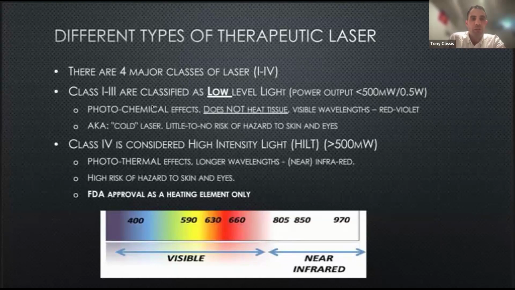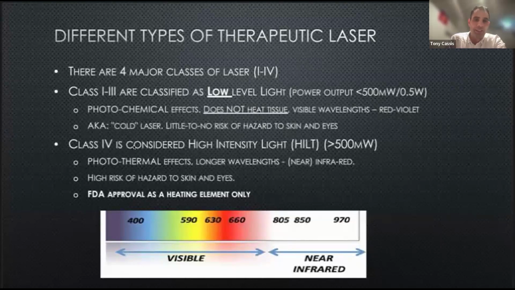A really important concept, photochemical effects, in that they do not produce a heating response within the body. They operate almost exclusively in the visible wavelengths from red to violet. As I said, you might hear the word cold laser, because there is no heat and there is very little to no risk of hazard to the skin and eyes.